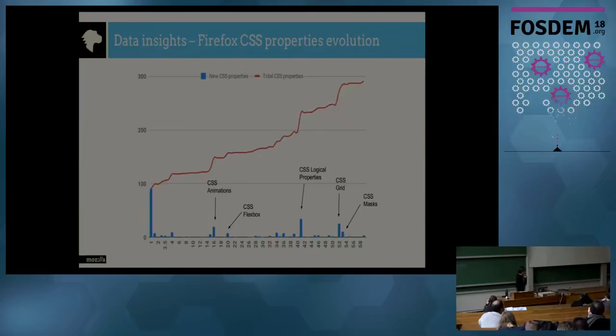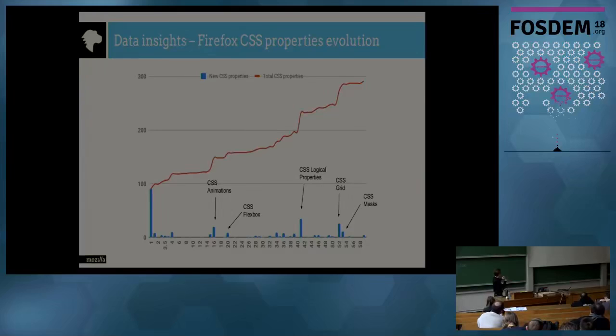Now, I've looked a little bit deeper into the data for CSS, and if you're into data science-y things, you could also analyze this data set and look at how CSS developed over time. For example, when we had Firefox 1 10 years ago, there were about 90 CSS properties. This Compat data store has all the Firefox versions, and I looked into when there was a little spike.